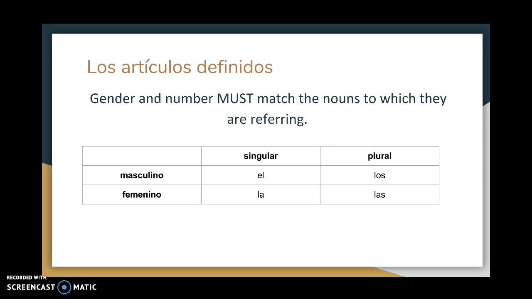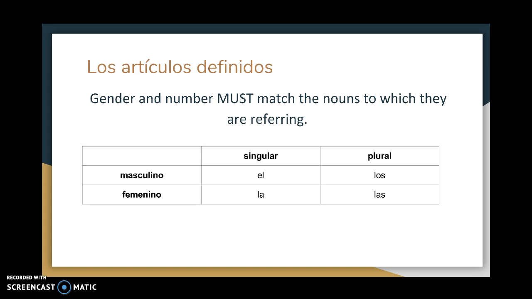But if I want to say the books, I need to say los libros. By the same token, if I were talking about the class, a specific class in school, la clase, the classes is las clases.